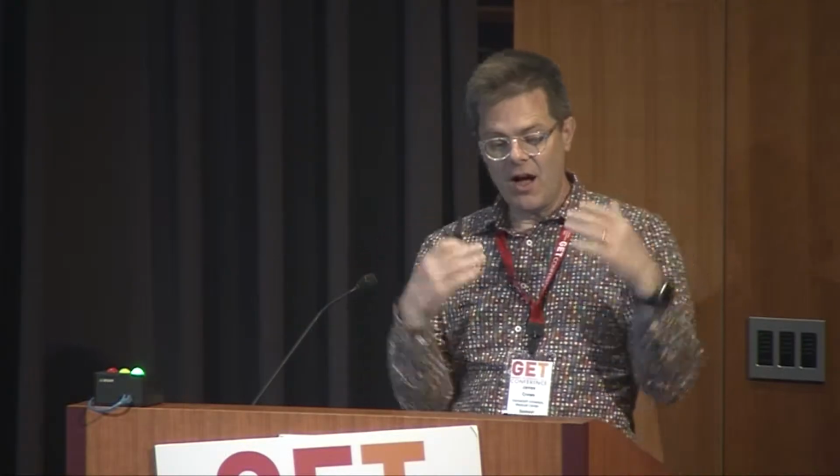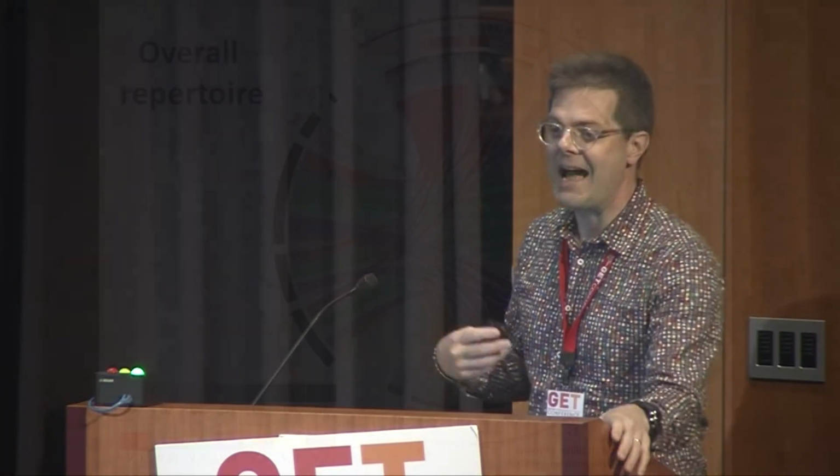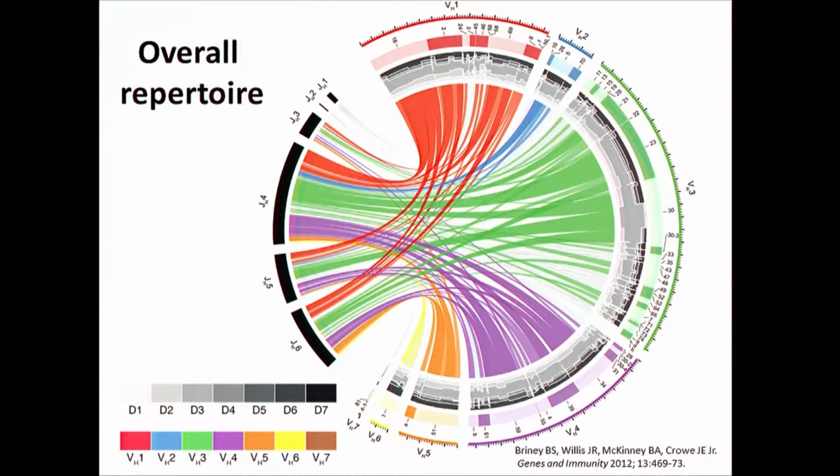If we take all of your blood that we can out of your body and sequence all of the antibody genes that are being expressed at the time, it's difficult to look at. We're lacking proper visualization tools. This is one way we're doing it right now, called a Circus Plot. So the variable genes I mentioned, here's your 51 or so in color along the right side, and then there's an inner circle with the 27 Ds, and then there's 6 Js I mentioned.